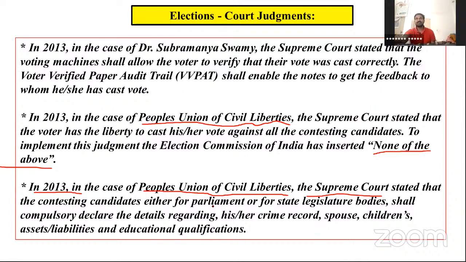This is very important. Generally, nowadays there is no educational qualification required for the contesting candidate. He does not have to have a particular educational qualification. That is not a requirement, but they must declare their educational qualifications.